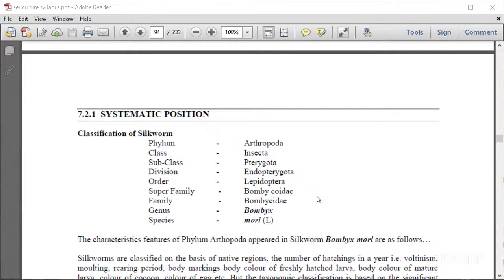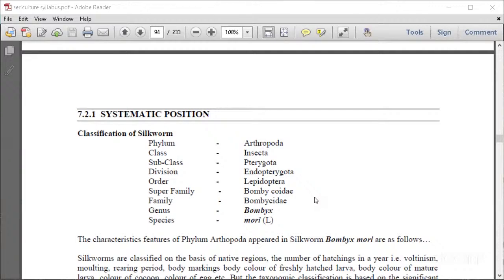Insecta is divided into Apterygota and Pterygota. The silkworm comes under subclass Pterygota. The subclass Pterygota is divided into two divisions, namely Exopterygota and Endopterygota. The silkworm comes under the division Endopterygota. There are further divisions into different orders.